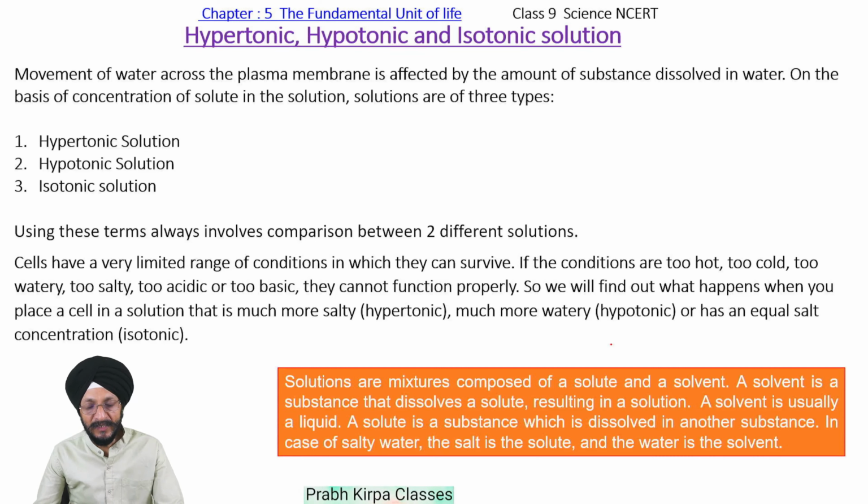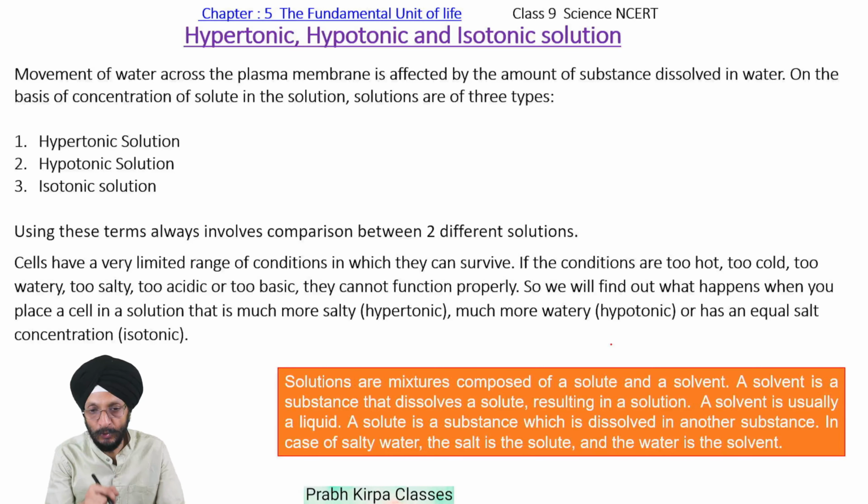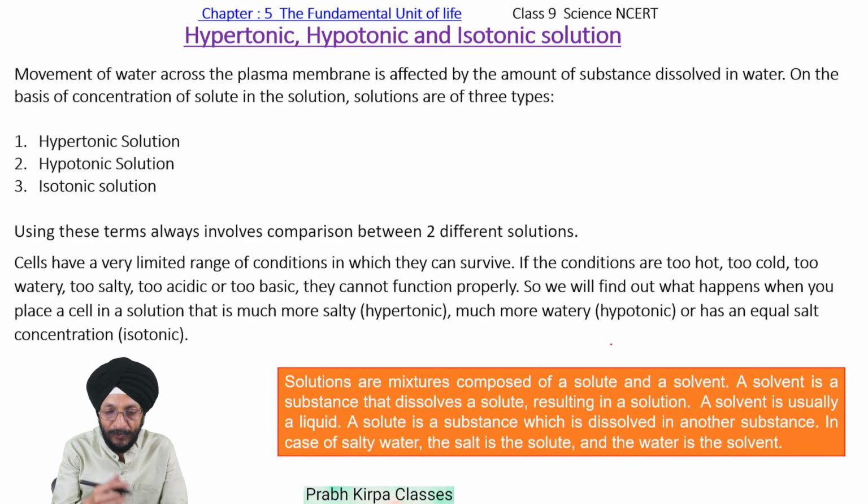Now, another important question is, what is hypertonic solution? What is hypotonic solution? What is isotonic solution? And what will happen if a plant cell is placed in any of these solutions? We will try to find out the answer to each of these questions.